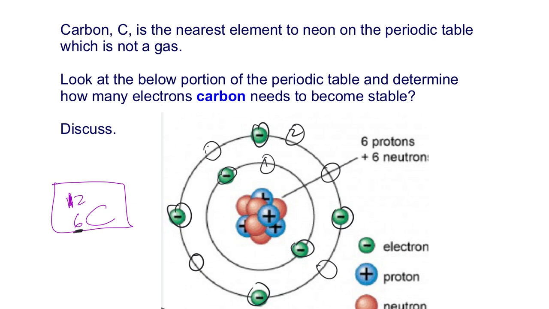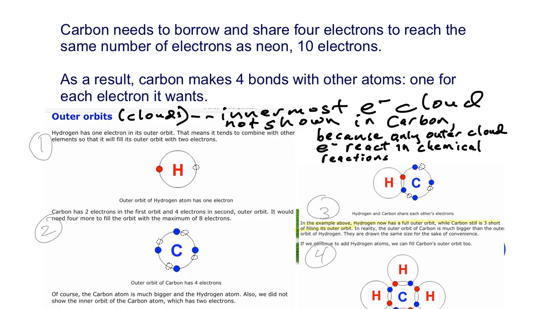It has openings for 4 more electrons. Until it gets 4 more electrons, it remains unstable. So carbon needs to borrow 4 more electrons, share them, and become stable with a filled outer shell, like if you go across the periodic table, like neon in the same period.